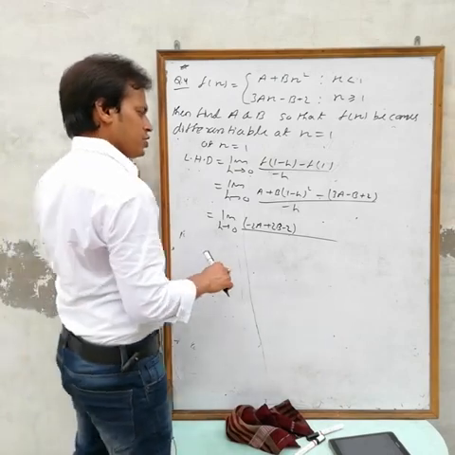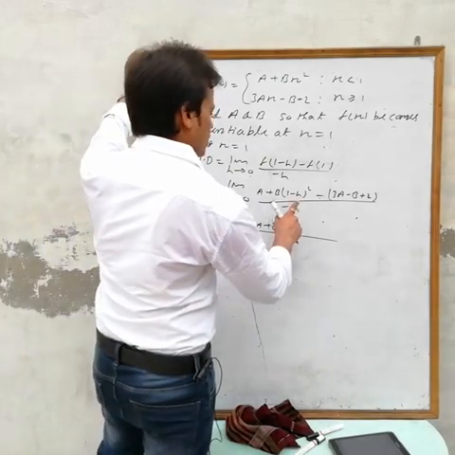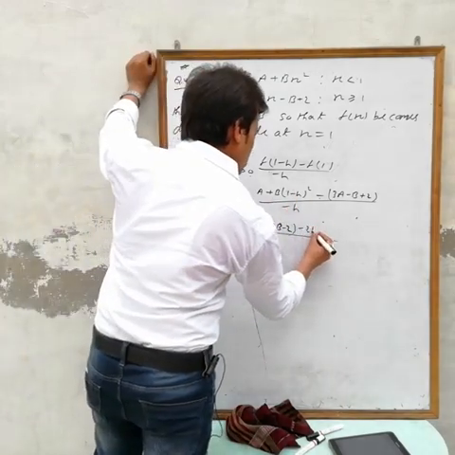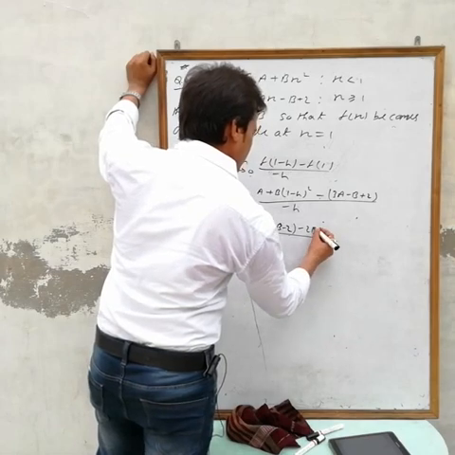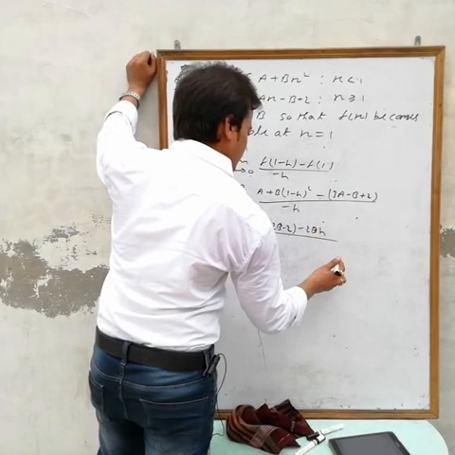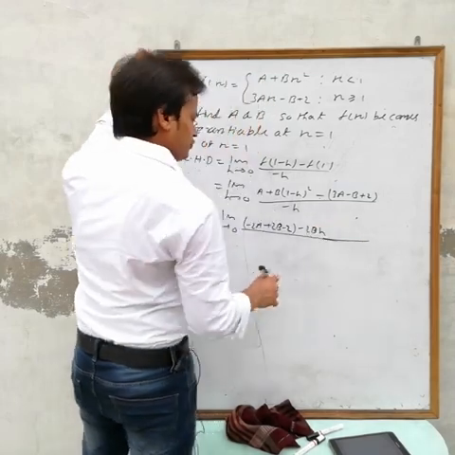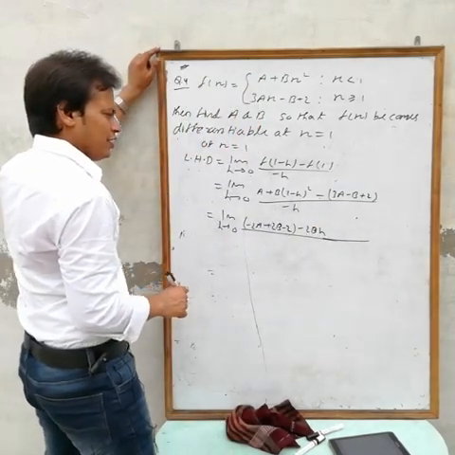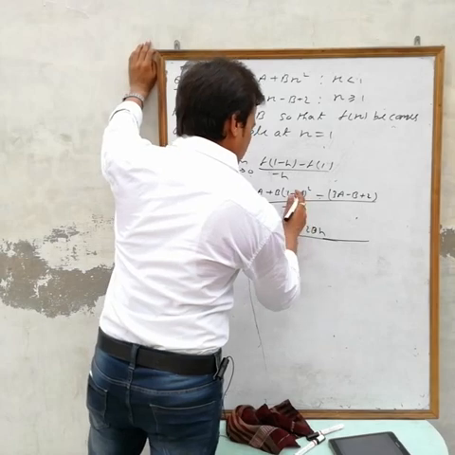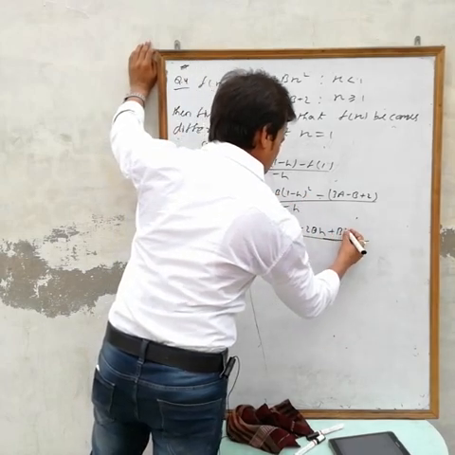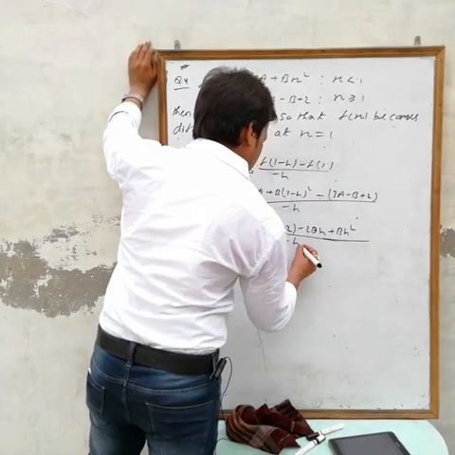Now terms of h, here you will get h, that is minus 2bh. Okay, minus 2bh, and after that, terms of h square, that is bh square, by minus h.